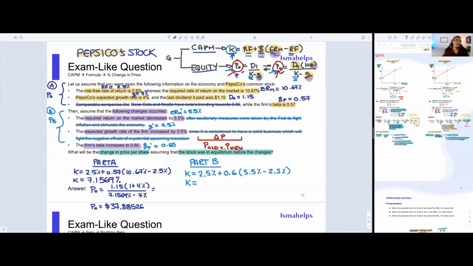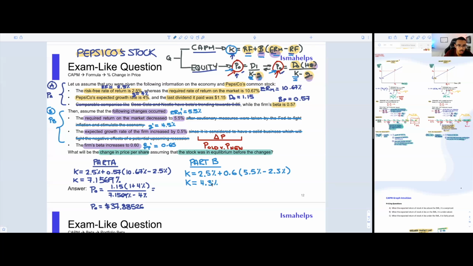I'm going to do a sense check because it's the first time that I do this. I don't want to make a small error. We have 2.5%, the risk-free rate remained unchanged. Our beta changed to 0.60. Our ERM decreased all the way to 5.5%, and all the rest should be fine. If you plug this in and solve for K, you actually get a really cute number, 4.3%. That's really interesting.